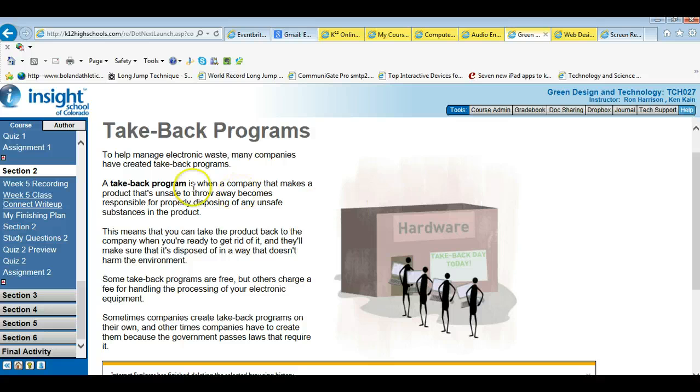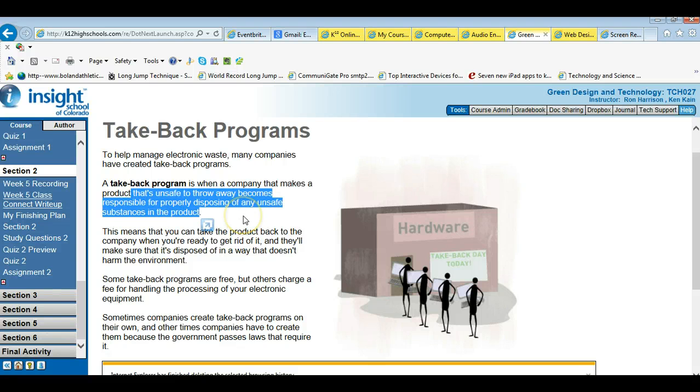Take-back program. When a company makes a product that's unsafe to throw away, then they actually collect it. So you might have cell phone companies that say, bring in your old cell phone and we'll give you a $20 discount on a new one or something like that. Some of them are free.